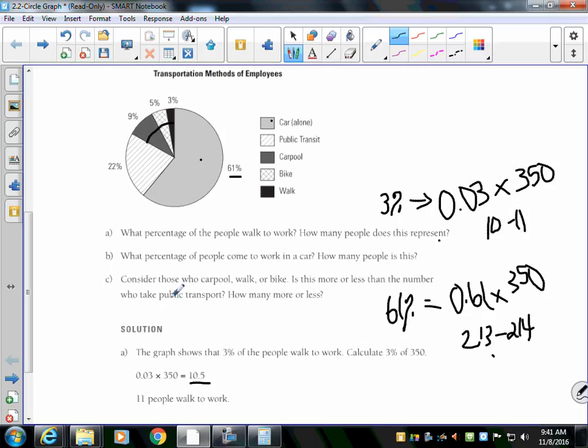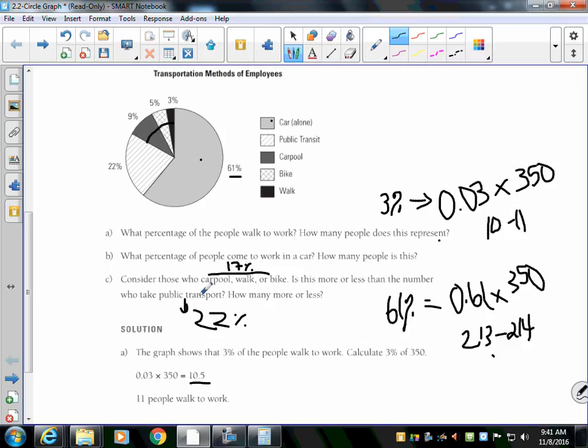How many more or less? So public transport is 22%. Carpool, bike or walk is 17%. So it's 5% less. So we can do a couple things.